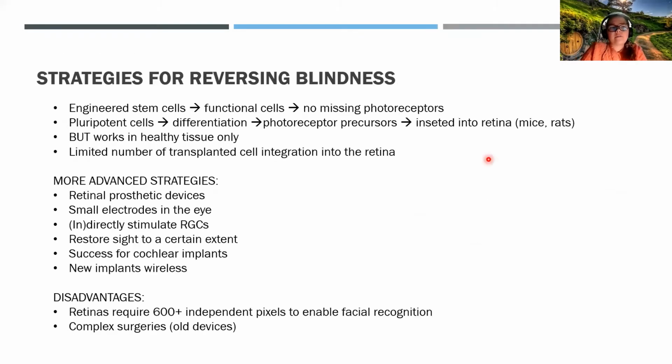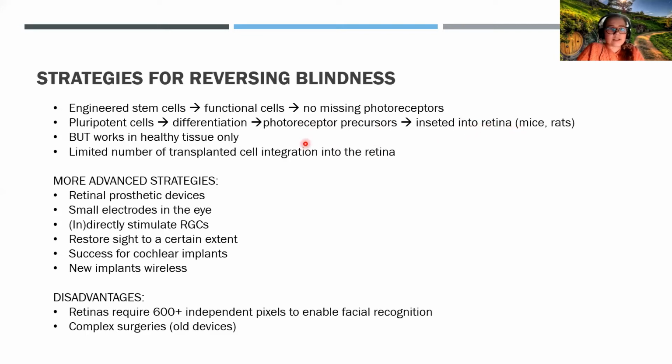Now, there are many strategies for reversing blindness, and optogenetics is considered to be the most advantageous one. So without optogenetics, there are options like making pluripotent cells that differentiate, and we have photoreceptor precursors that are inserted into retina, in mice or rats.